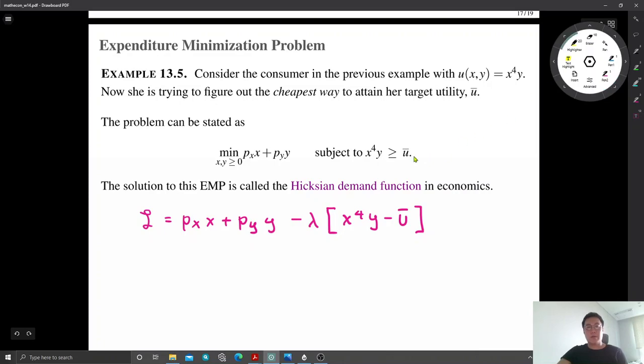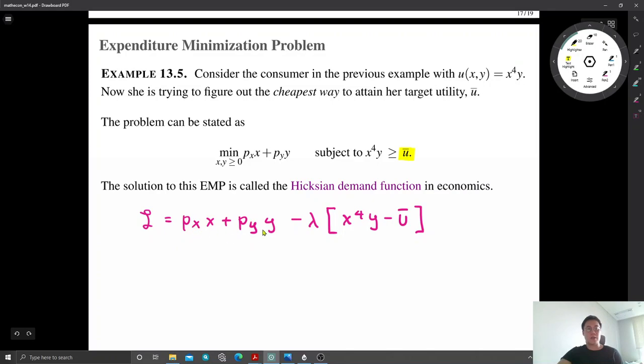There is one target utility the consumer wants to attain, so given this utility function, the consumer wants to find the pair of x and y that reaches this target utility at the cheapest cost, minimizing expenditure.